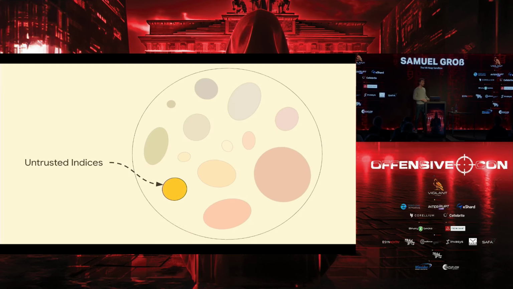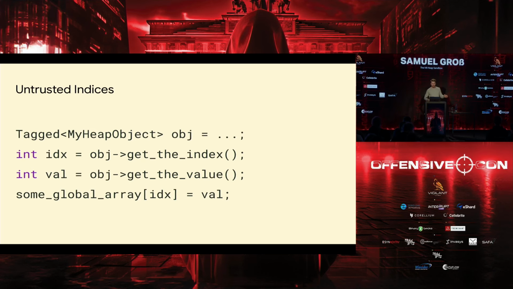Let's talk about some more security problems you encounter. Simply turning off all the raw pointers is not quite enough. There are going to be a lot more problems. One relatively obvious problem you will encounter is code patterns like this. You have some object in the sandbox that's untrusted, and from this object you load an index and take that index into some global array or some out of sandbox array.